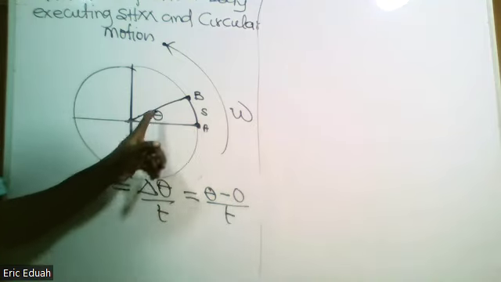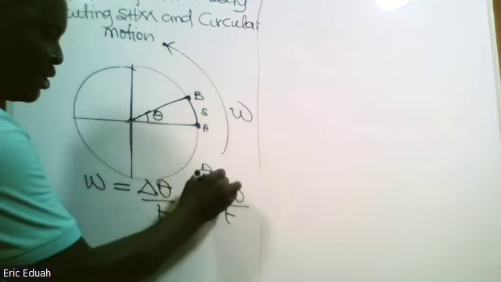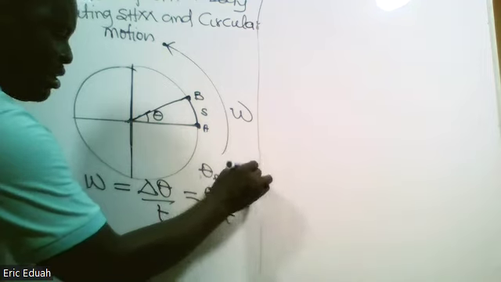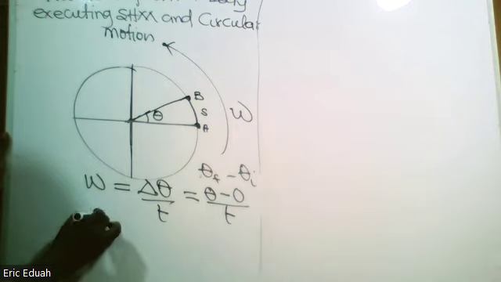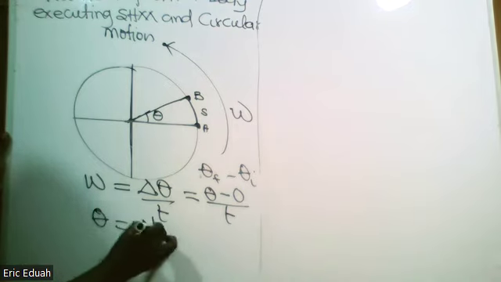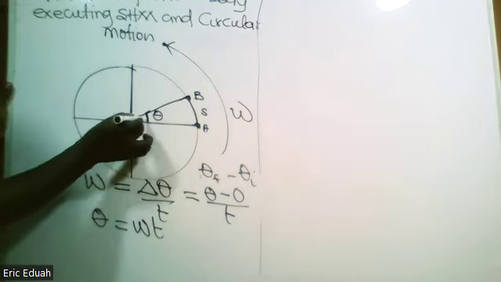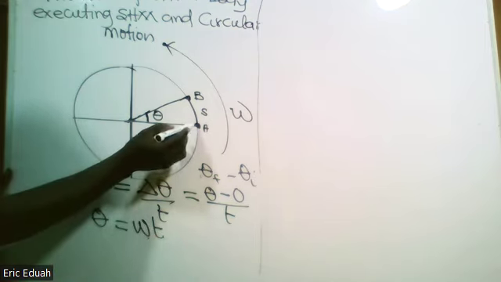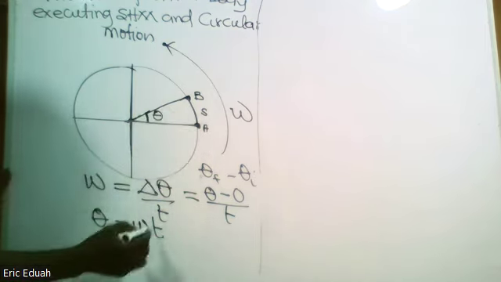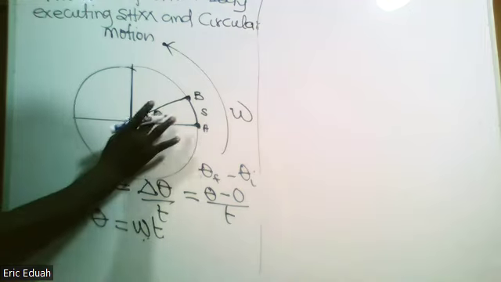When it moves to B, it is now theta. So theta final minus theta initial gives us this. Therefore, we can say that theta is equal to omega t, meaning if I want this angle described at the center, multiply the constant angular velocity omega by the time taken to move from A to B, which is also constant. So I can express theta as omega t.